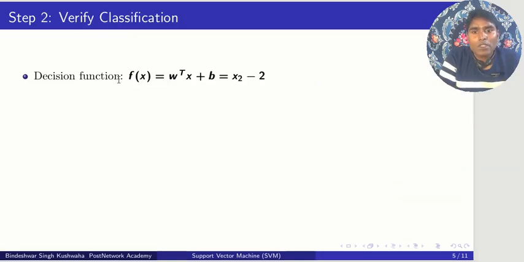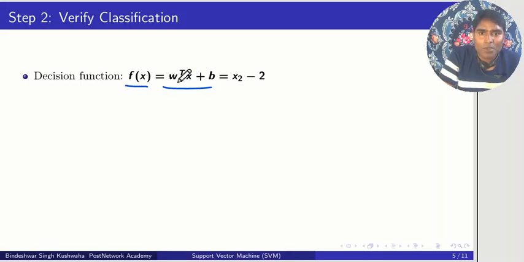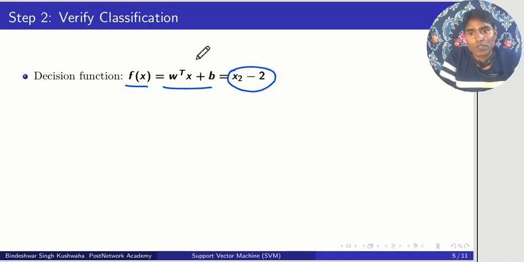Now that is a decision function that decides which point would be on the negative side, which one on the positive side, and that is basically x2 minus 2 that we have chosen. Through the optimization technique we get the values of w and b, but here I have chosen them, and in upcoming videos I will show you how to get these values after training the model.